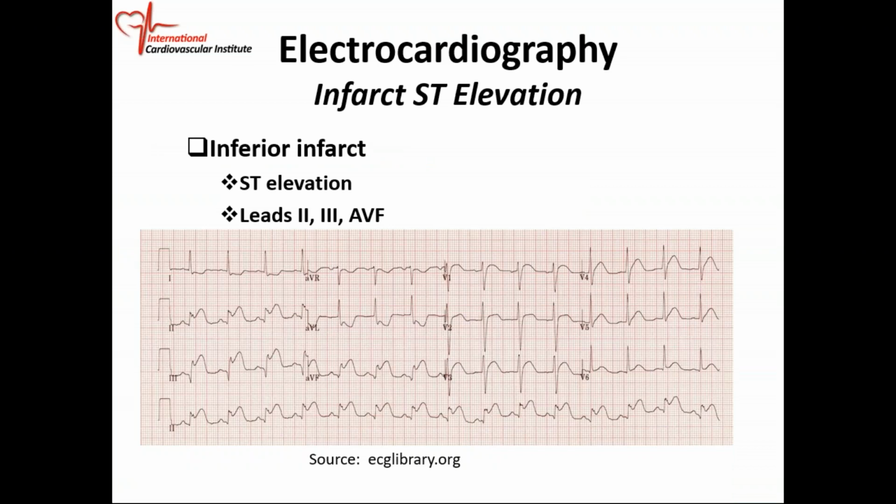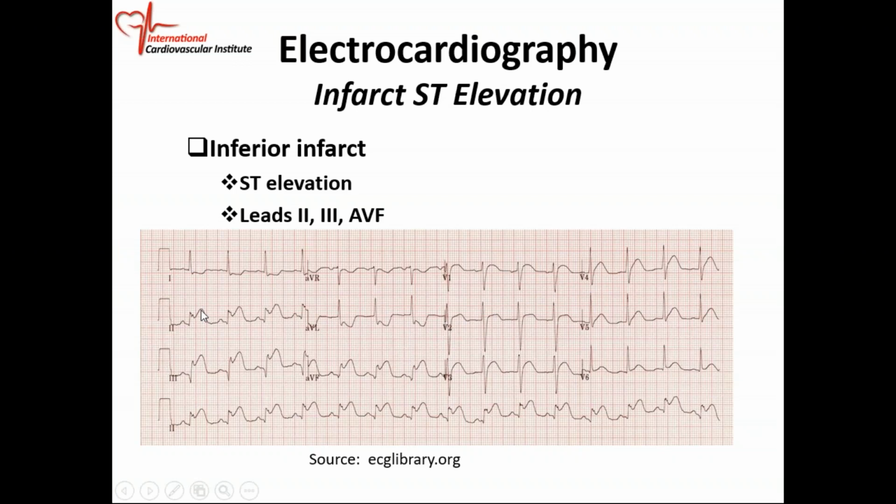When we talk about the inferior infarct, an inferior heart attack, the inferior leads are leads 2, 3, and AVF. When you look in the inferior leads, you can see that there's ST segment elevation.